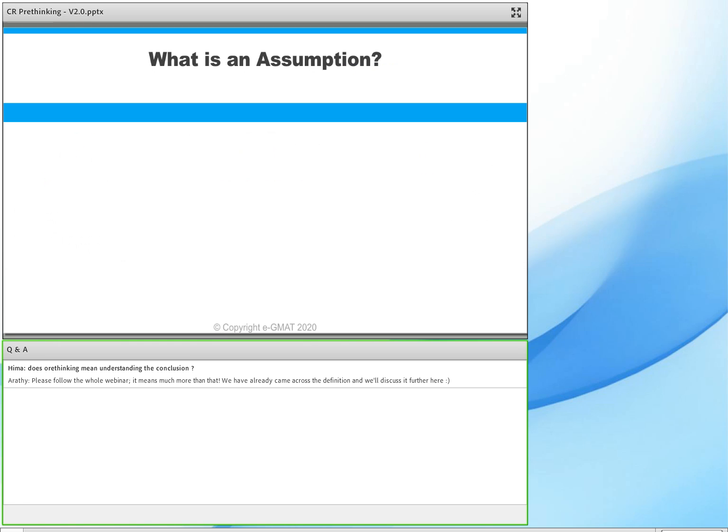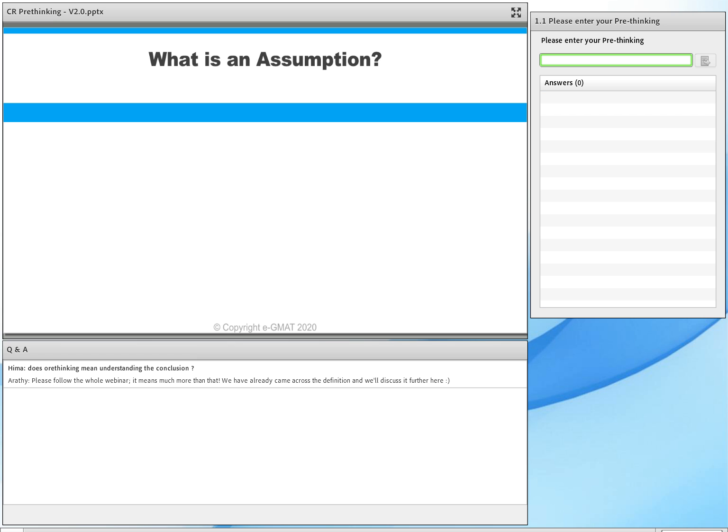With that, let's understand what an assumption is. I'm going to put a short answer pod. Even though it says please enter your pre-thinking, this is an open-ended question.